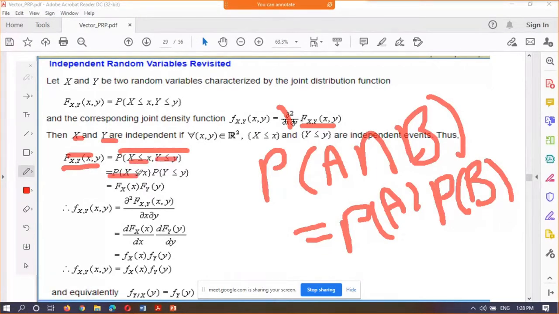It means their probability of intersection can be written as the product of their probabilities.